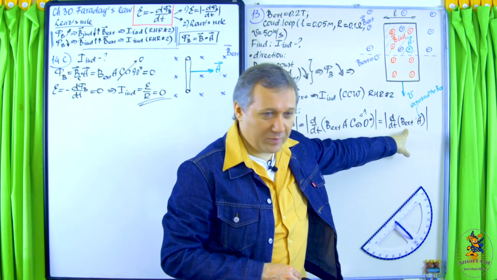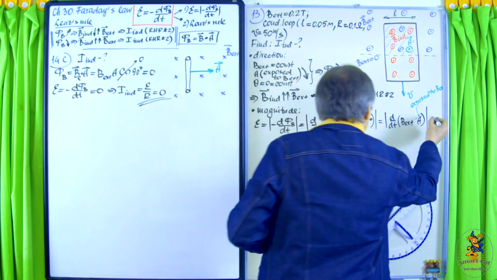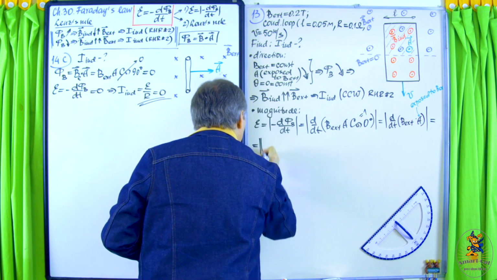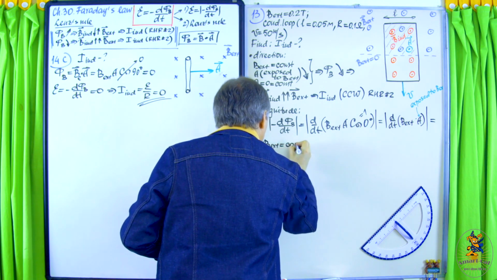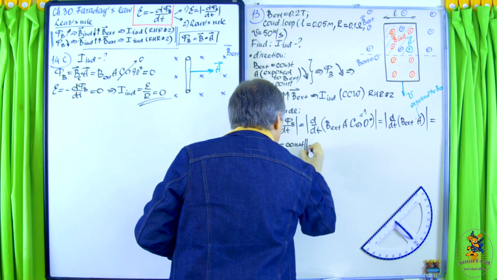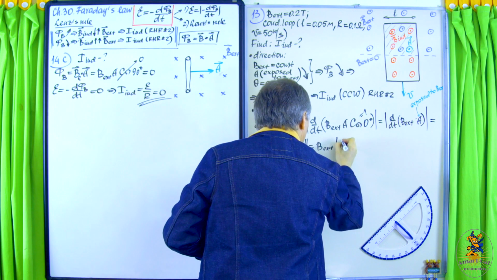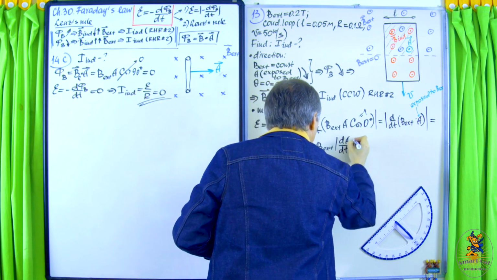Magnitude of the vector cannot be negative. So B external equals a constant, so we can extract it. So it will be B external times absolute value of dA over dt.